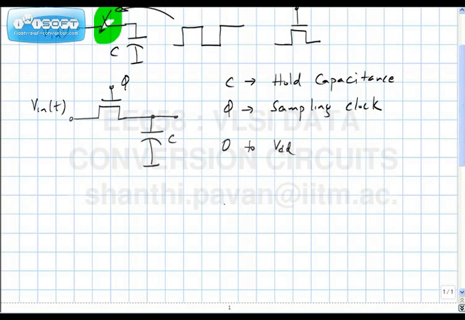One candidate for the clock waveform is this one here, so this is the time axis, this is the voltage axis, and the clock waveform goes all the way from 0 to VDD. So this is the clock waveform.